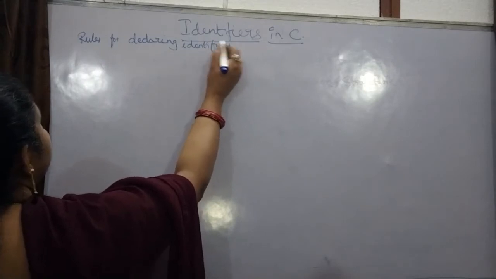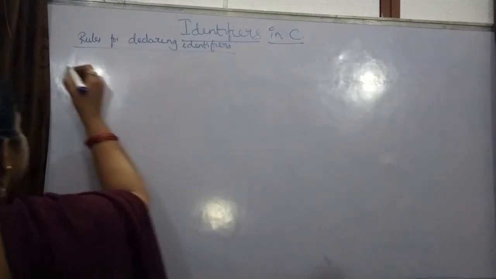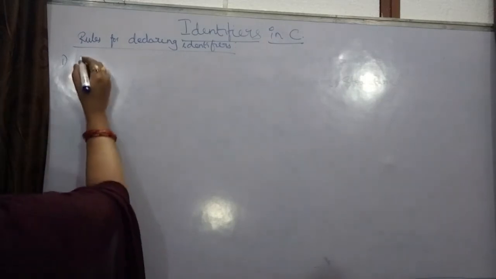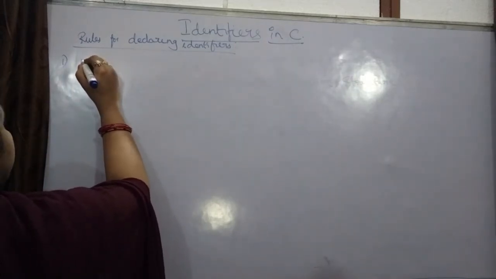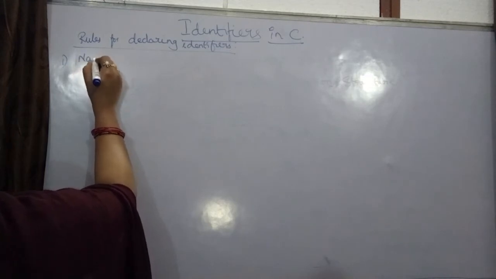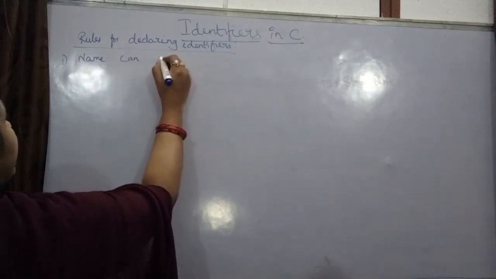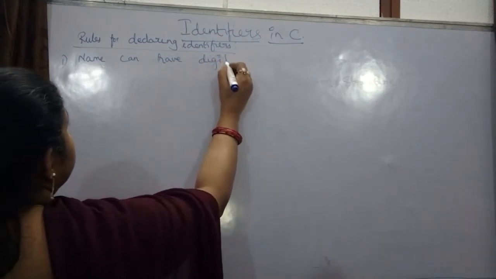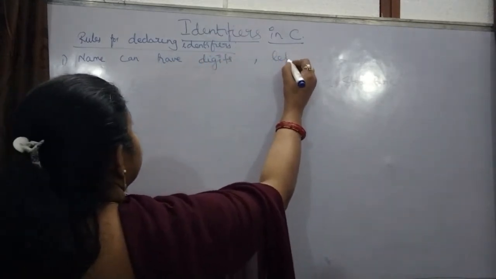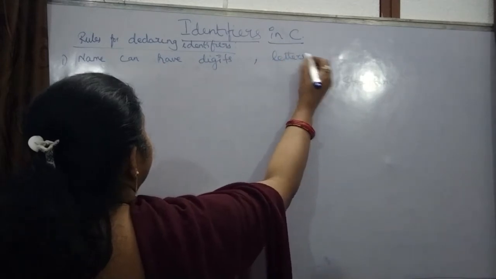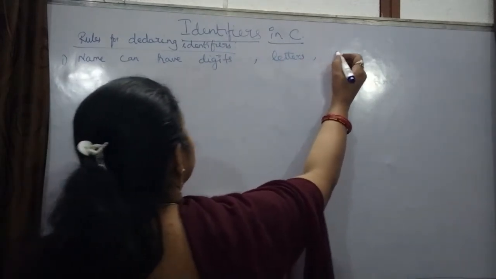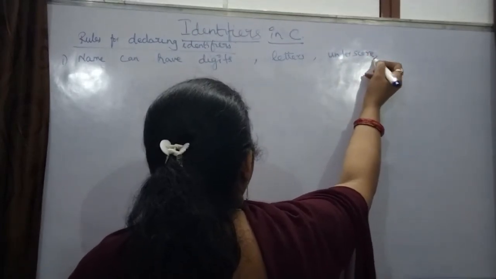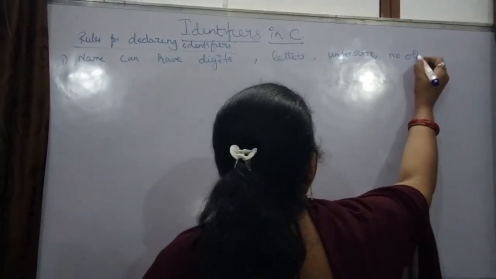First rule: the name can have digits, letters, and underscore, and no other symbols.